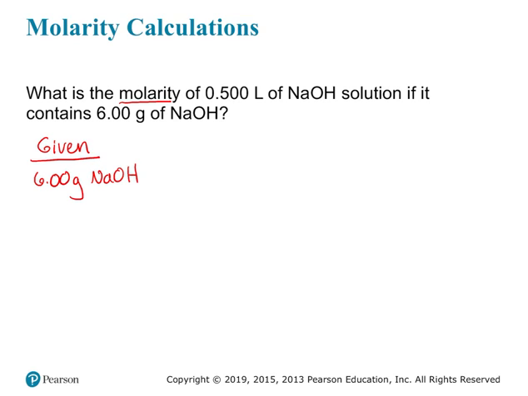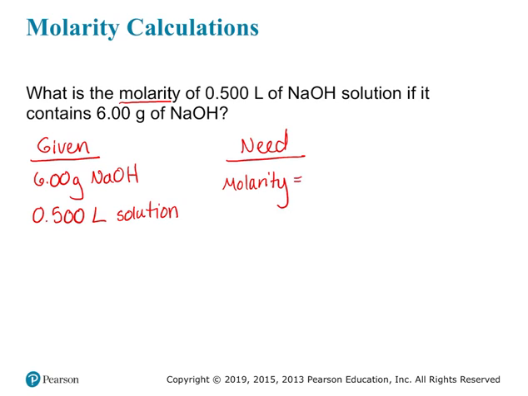And we're told that we have a total volume of 0.5 liters of solution. Now what we need is molarity, which remember is equal to moles of solute over liters of solution. Okay, so we already have liters of solution. We're told we have 0.5 liters of solution, but we don't know how many moles of the solute we have.